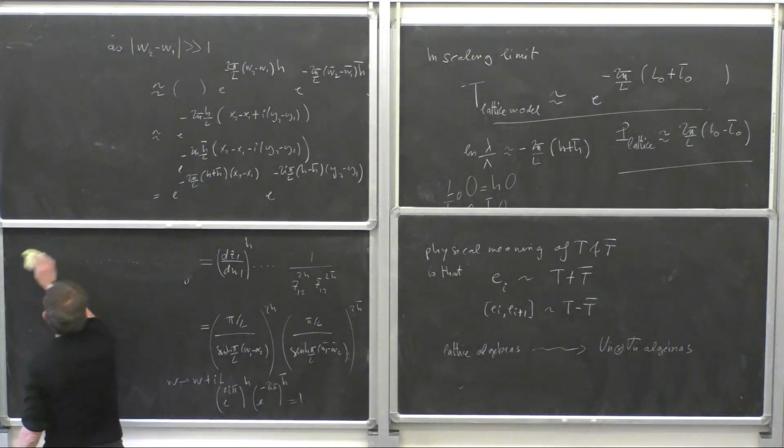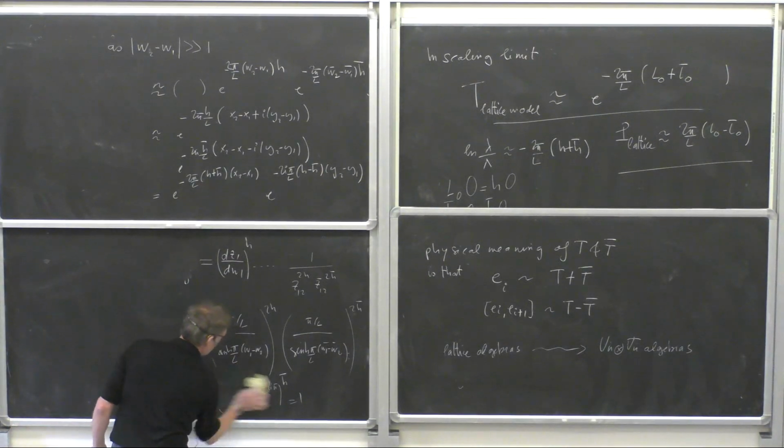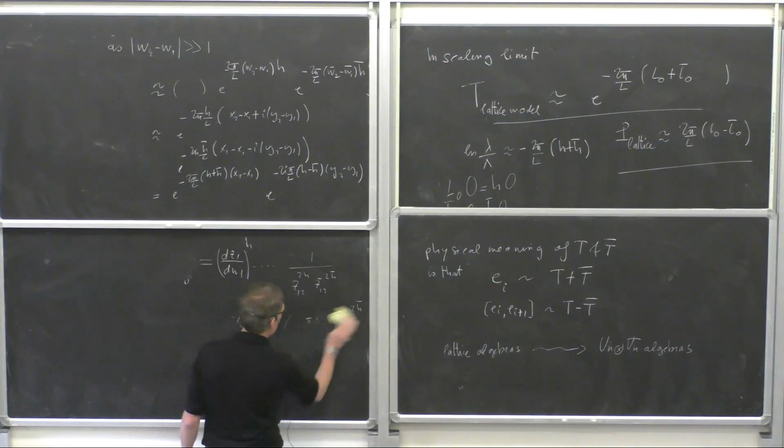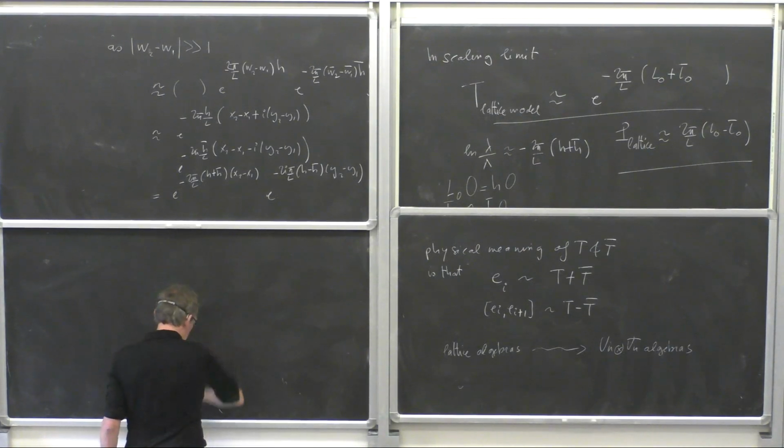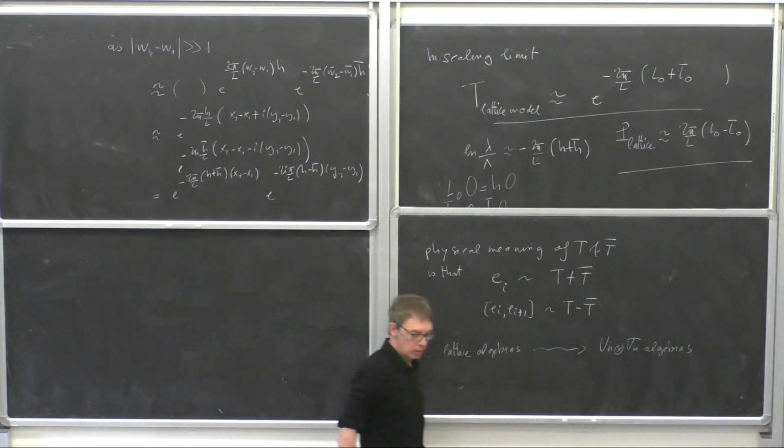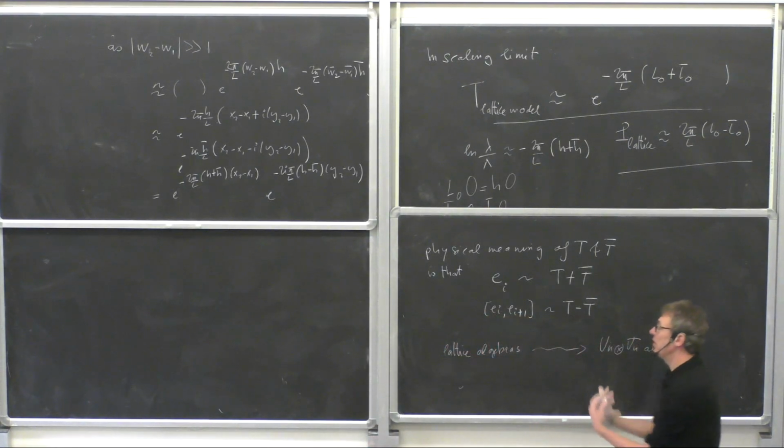The last thing I need to finish the calculation and finish the claim I made, that I would tell you about the Hilbert space, the last thing I need to know is the multiplicities.